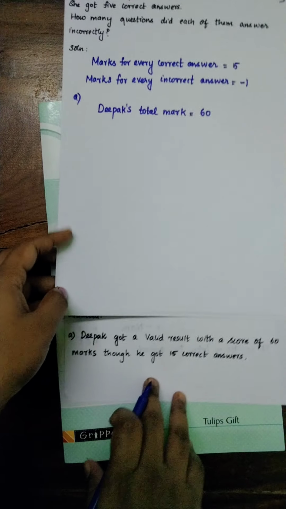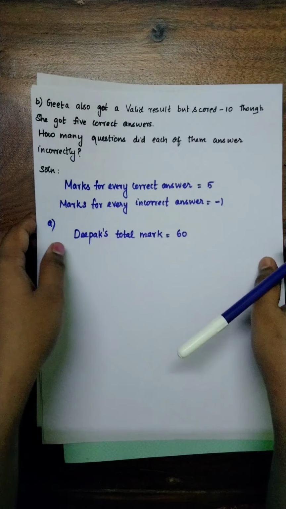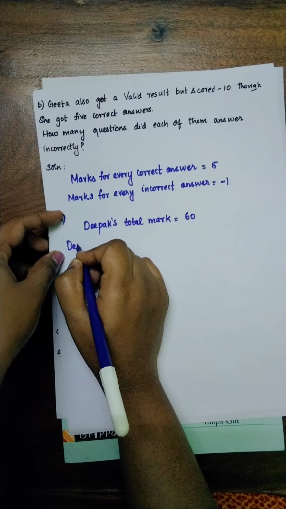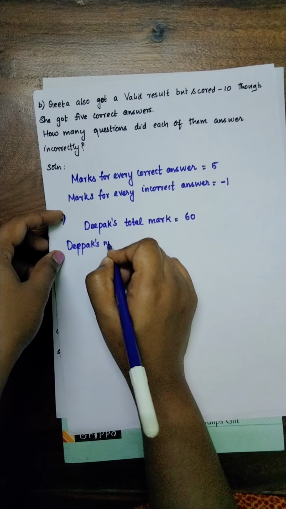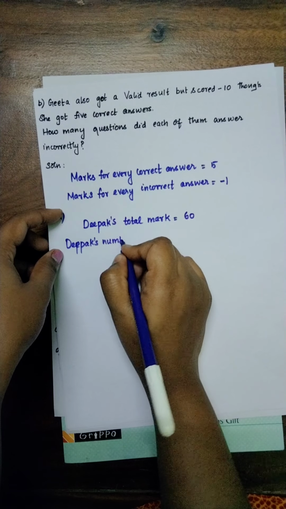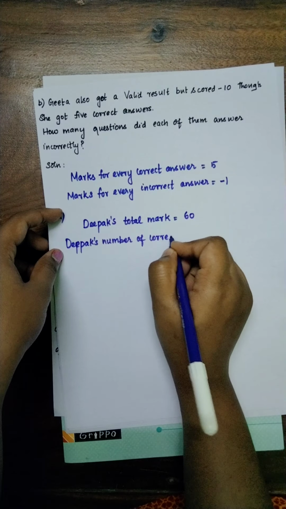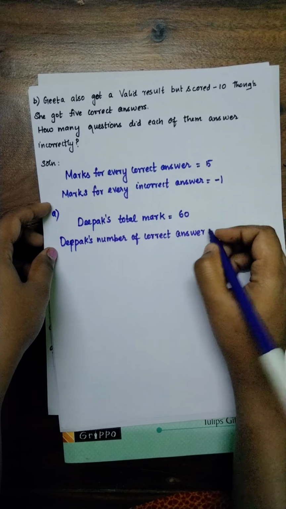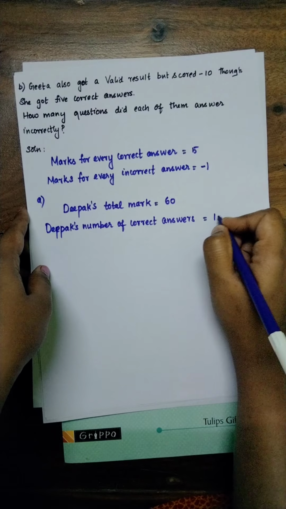Then how many questions did he write correctly? He got 15 correct answers. So Deepak's number of correct answers is equal to 15.